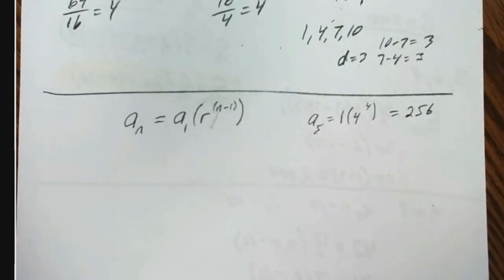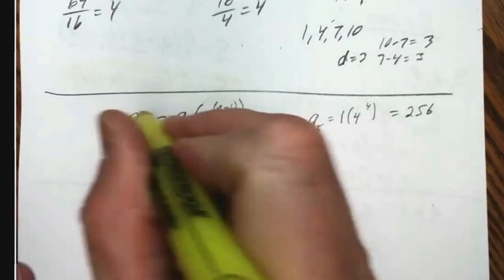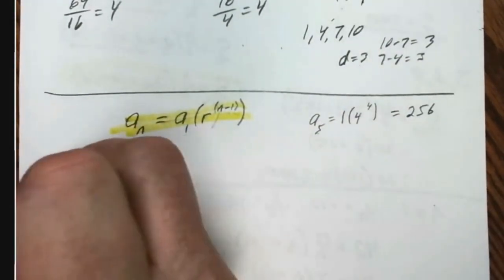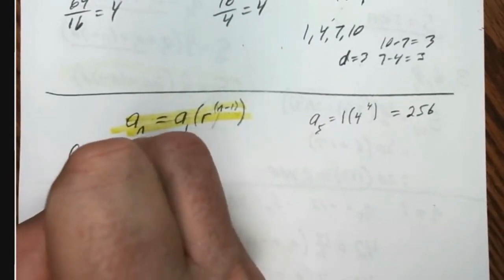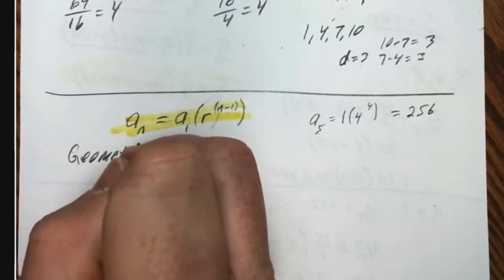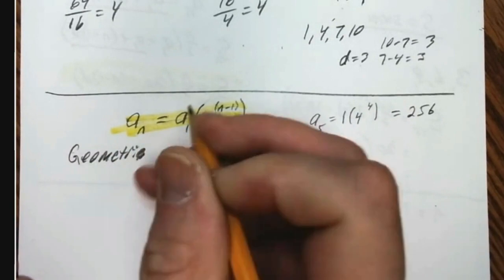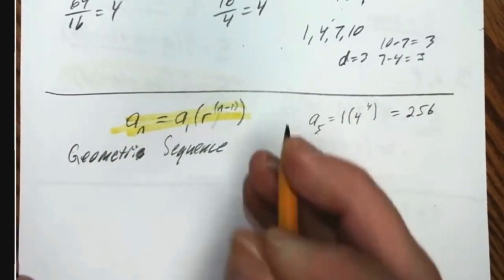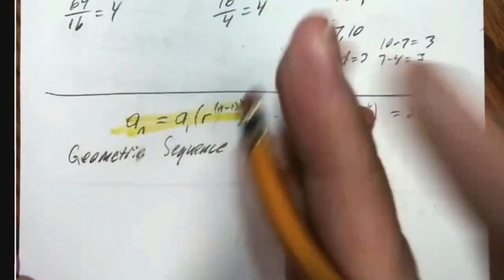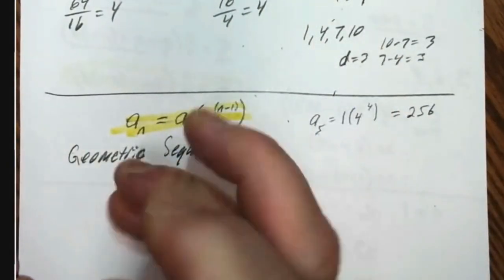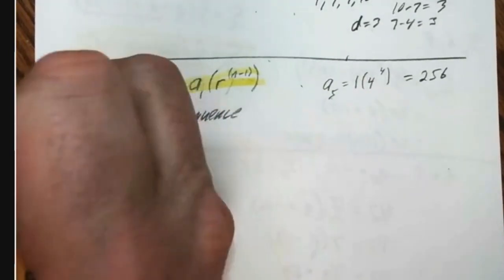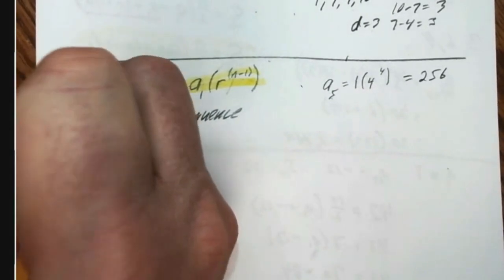Using this formula, let's put this in our notes. Geometric sequence. And this is explicit, right? We can go straight to any term.